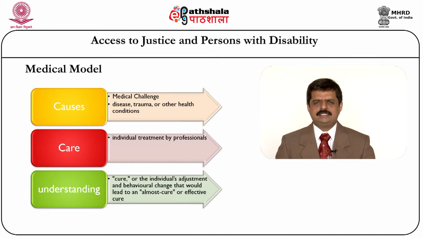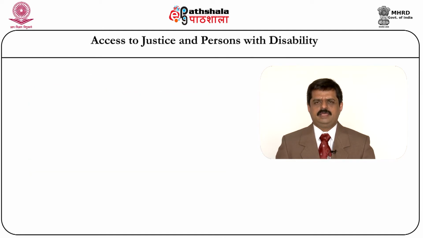But if you look at the understanding of this whole process, it is cure, or the individual's adjustment or behavioral change that would lead to an almost cure situation. So, one option is to cure the disease, the second option leads to an almost cure position. The next model is the social model.